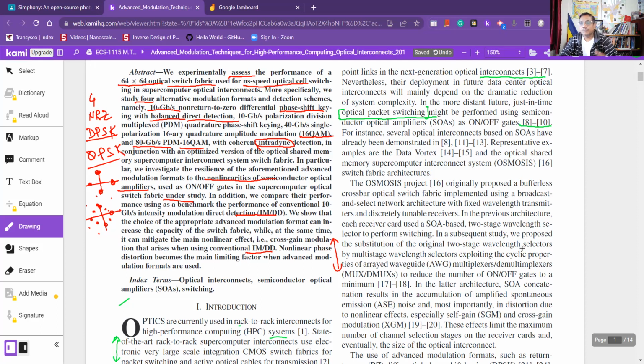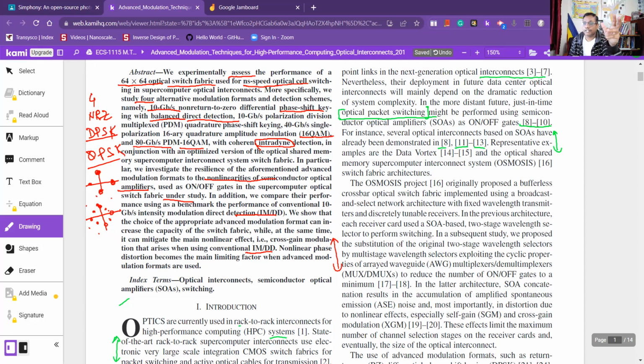But now people are working towards optical packet switching, which can be implemented using semiconductor optical amplifiers, and references are given in 8 to 10. For instance, several optical interconnects based on semiconductor optical amplifiers have already been demonstrated in 8, then 11, 12, and 13. So optical interconnects where semiconductor optical amplifiers have been used have been demonstrated.